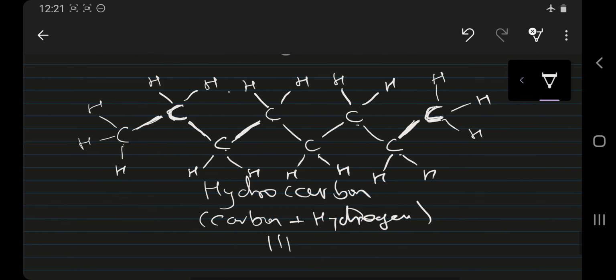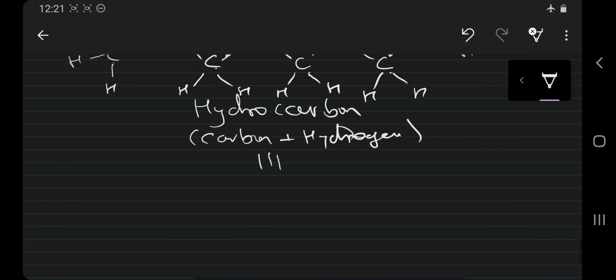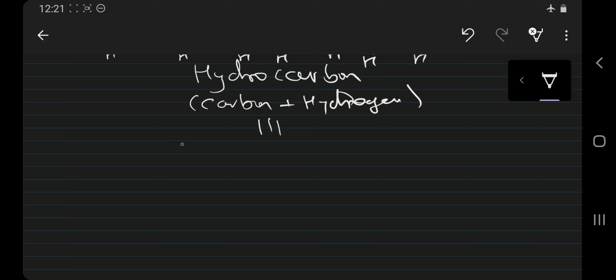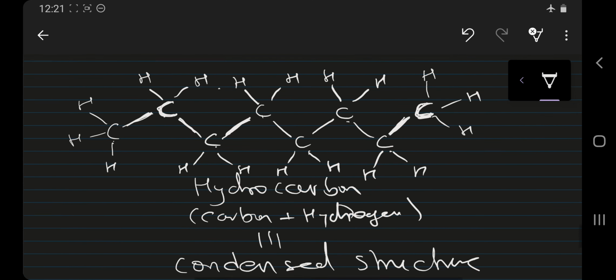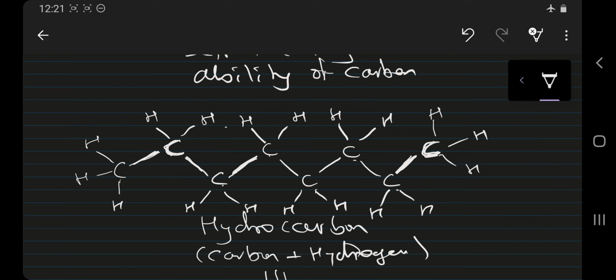This molecule that we are seeing here, we can show in a condensed structure. Whatever molecule I am showing, you have to study the name in the lectures to come, but this molecule is called octane because it has 8 carbons.